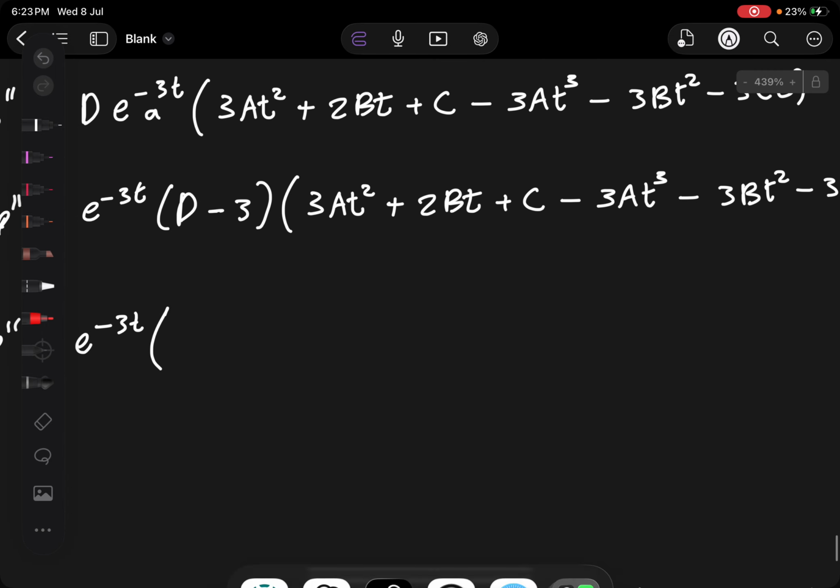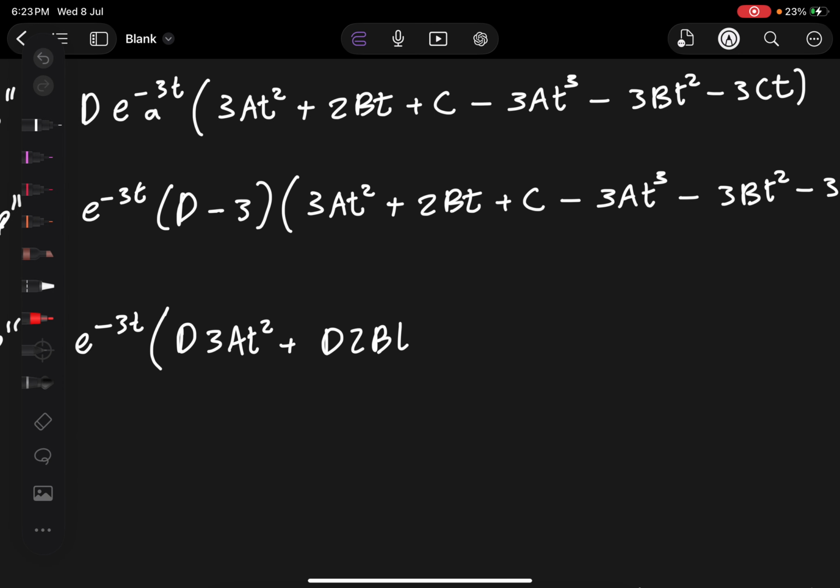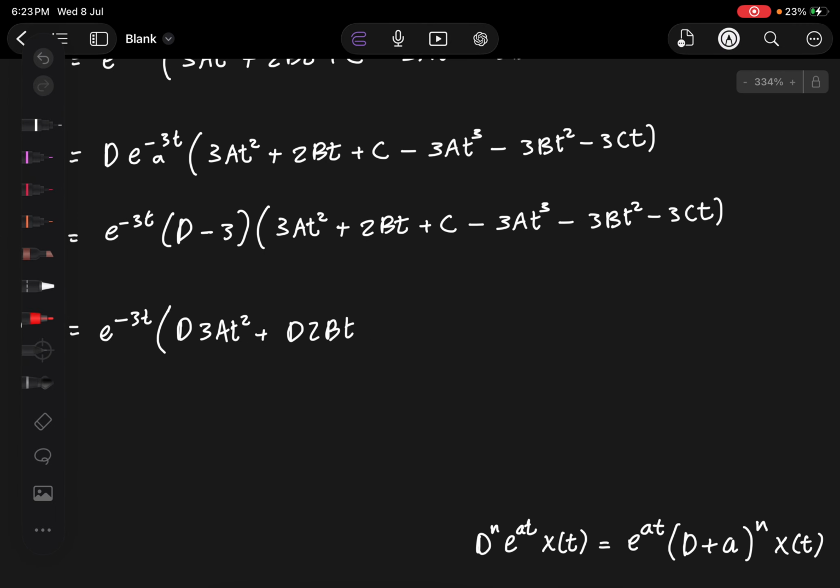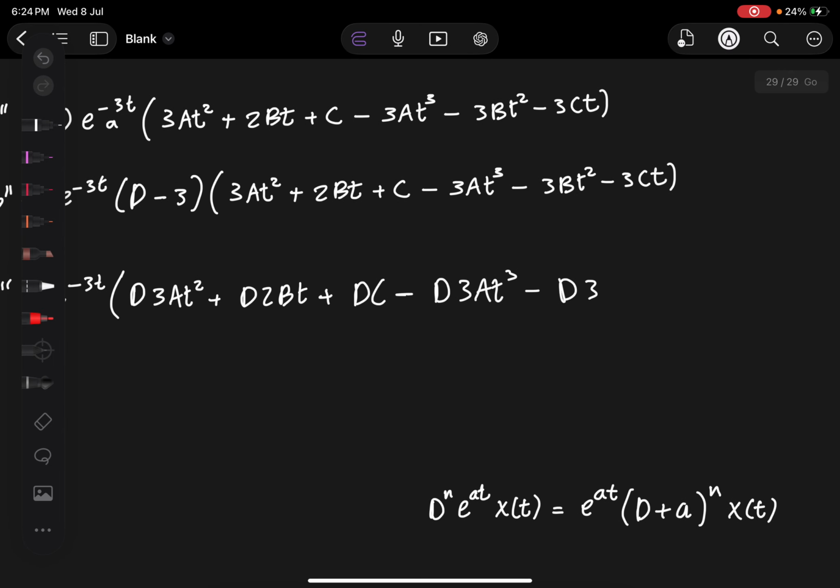So d(3at squared) plus d(2bt) plus dc, haha, dc, d(3at cubed) minus d(3bt squared) minus d(3ct).